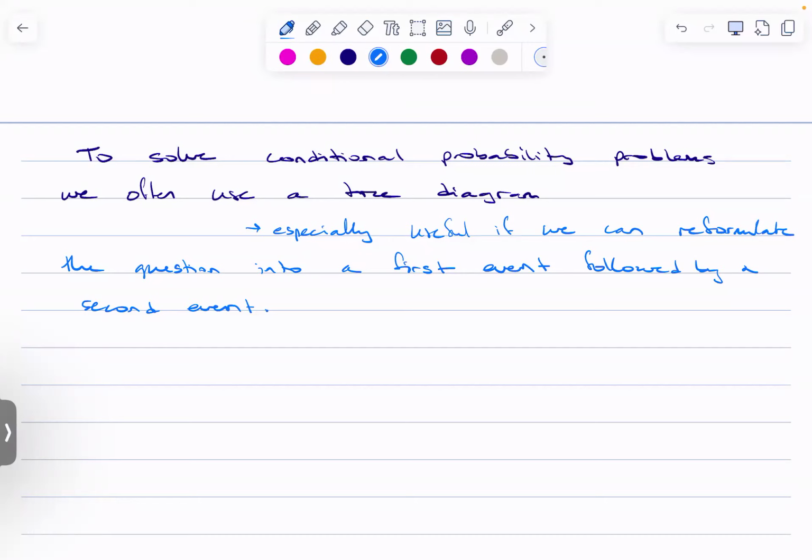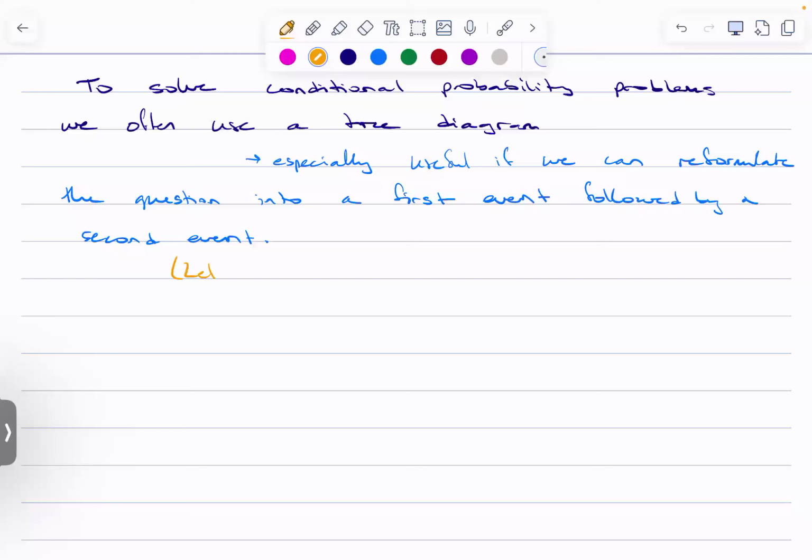Now, what that's going to look like is, let's just focus on each event. The first event has only two possible outcomes, and the second event only has two possible outcomes. We can extend this, but let's just focus on each event only having two possible outcomes.